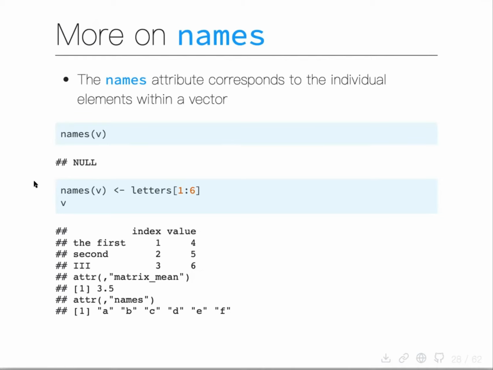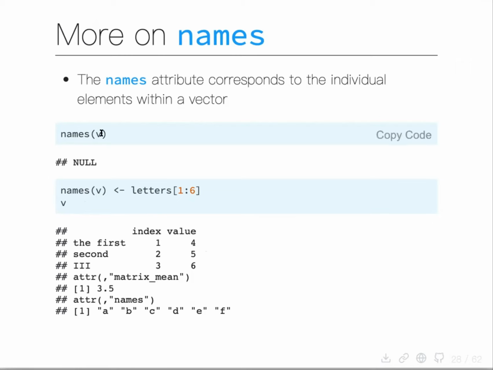It has column names and row names. So what I can do is put some names on this. I say names V is letters 1 to 6, which is just going to be A, B, C, D, whatever. And then when I look at V, it looks basically the same, but now in addition to the matrix mean, we have this names attribute.